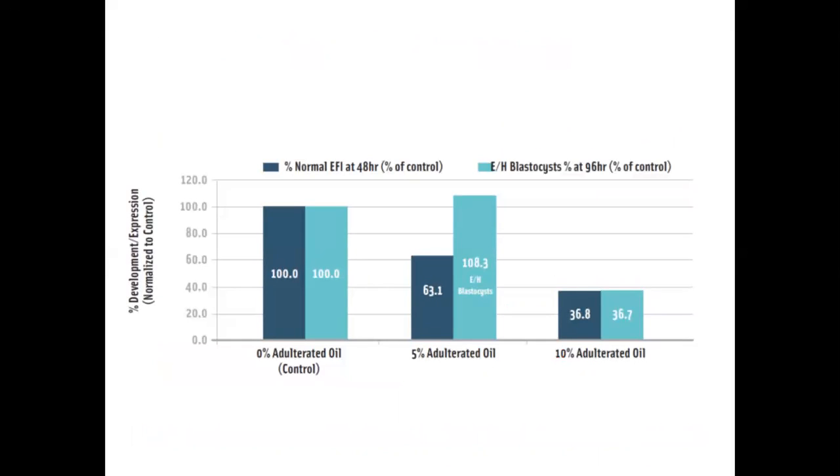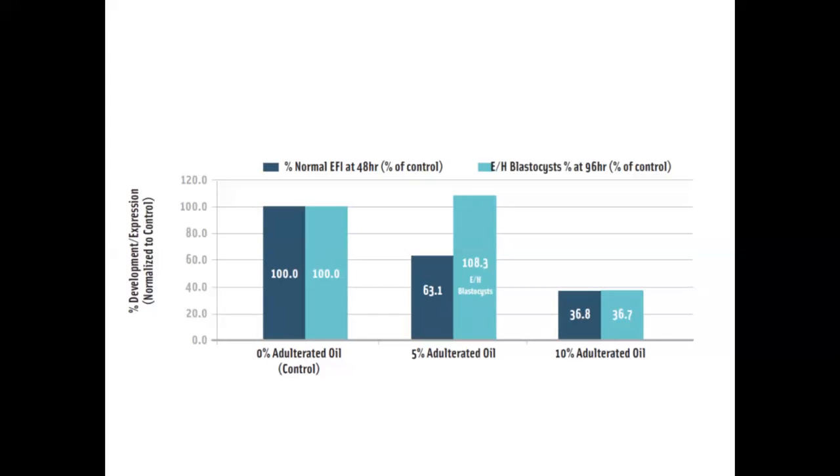We also did some tests on oil. This is actually just an experiment. We did it with the unadulterated oil, which is the control, and for both the normal EFI and also the expanded blasts at 96 hours, it shows good.